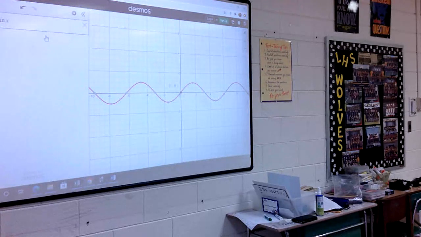But if I type in y equals cosine of x, you see they're very similar in the pattern, but the cosine graph actually starts at 0, 1, so it doesn't cross the origin. Now, I can move it and make it cross the origin and things like that. But their patterns are very similar. Okay, it looks like waves, mountains, whatever you want to call it. But those are both the graphs.